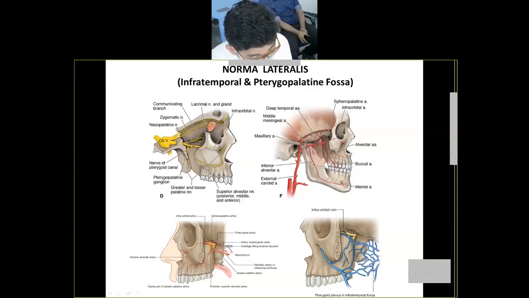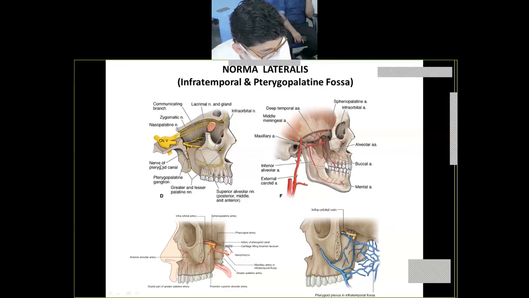What was the other? The maxillary artery, a branch from the external carotid. You see, this one is the maxillary artery occupying the infratemporal fossa. Then the pterygoid venous plexus. So the whole area has the pterygoid venous plexus, the maxillary artery, and the mandibular nerve passing from the foramen ovale.